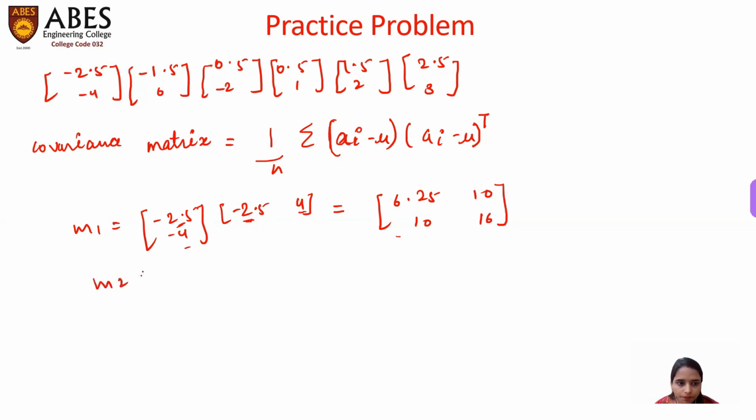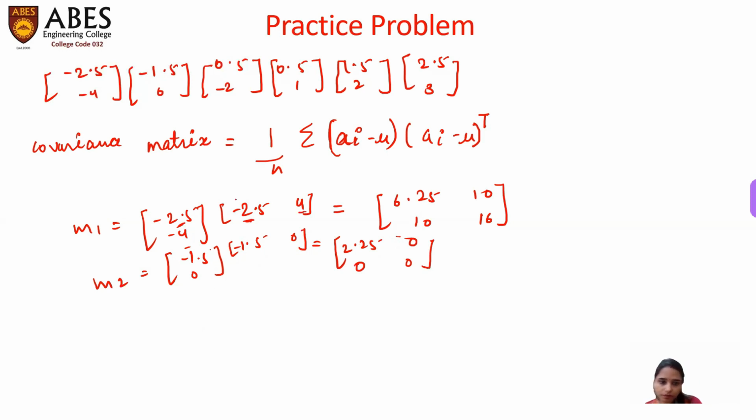For M2, minus 1.5 and 0 multiplied with minus 1.5 and 0 equals 2.25. Here we multiply minus 1.5 with minus 1.5, which equals 2.25. Minus 1.5 with 0 is 0, 0 with minus 1.5 is 0, and 0 with 0 is 0. So this is the matrix we got here.